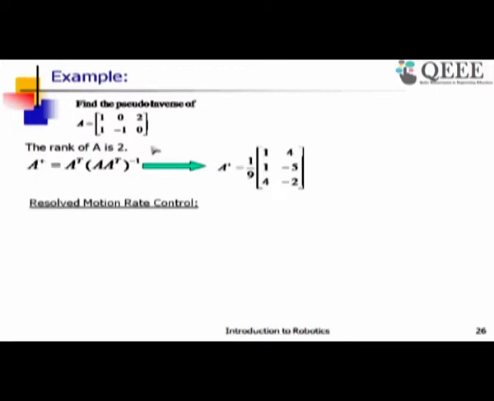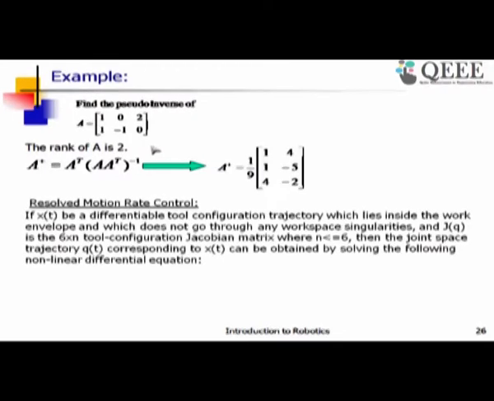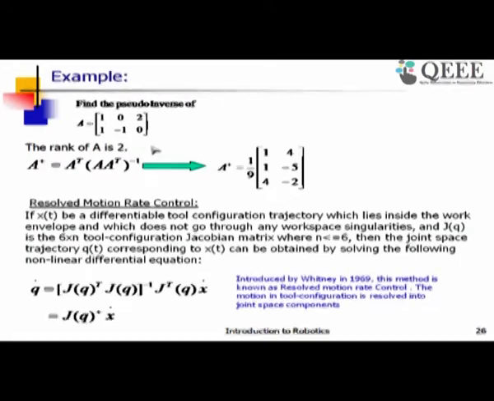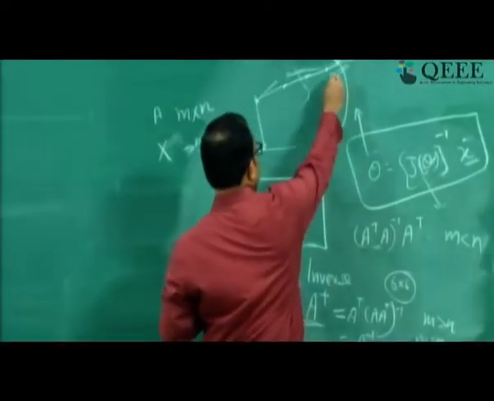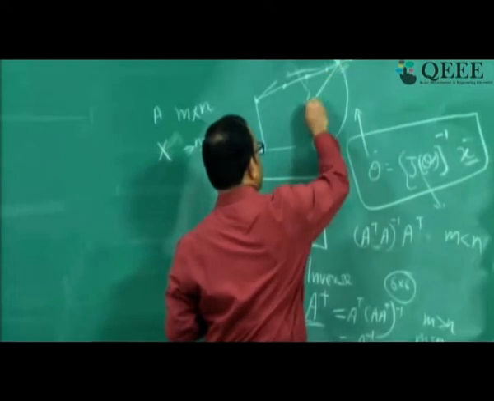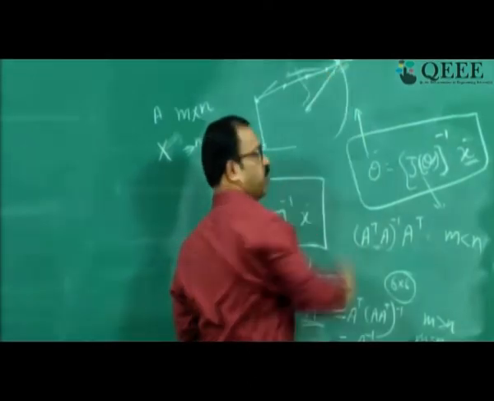If you want to control the velocity of the robot, we use something called resolved motion rate control, where q dot can be calculated from x dot. You want the manipulator to have a desired velocity in a particular direction with a particular value.